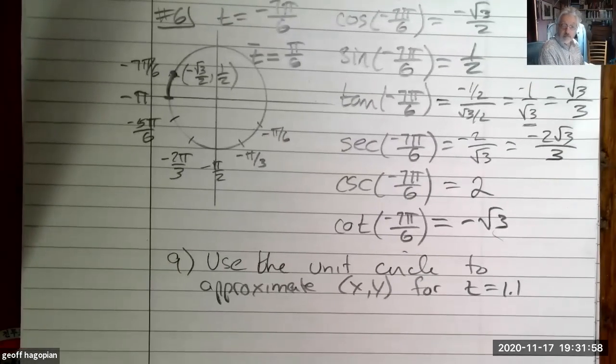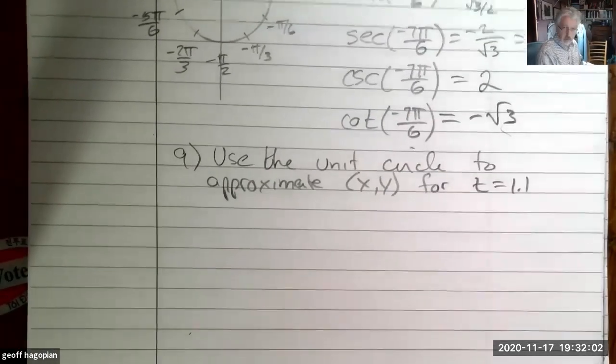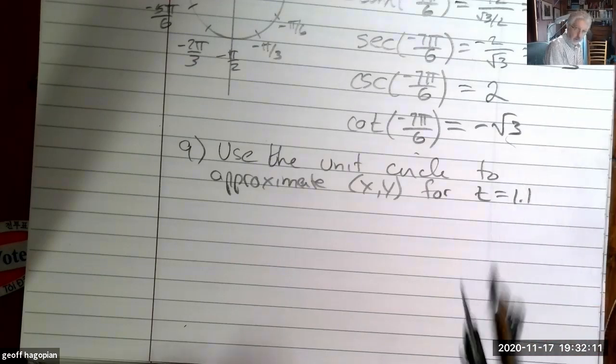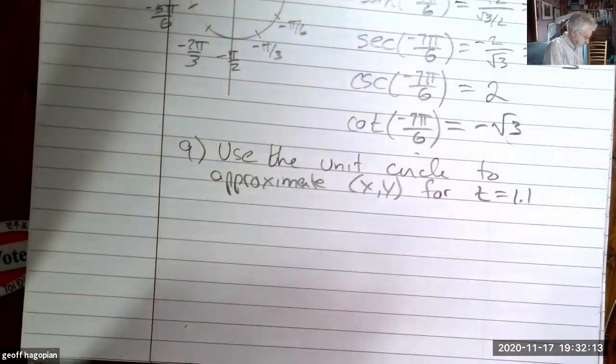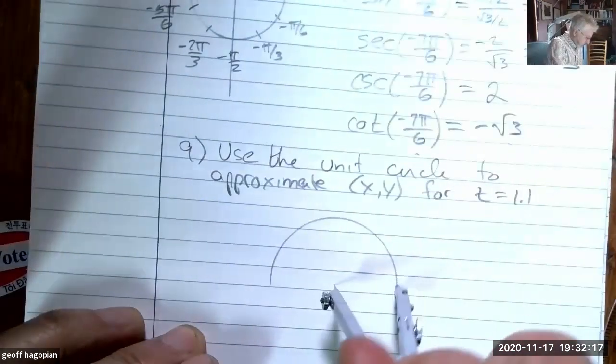And so for that, we need a unit circle. And we need to mark out on the unit circle as best we can tenths of a unit, right? Because we're at 1 1/10, right? So let's make this a little bit larger and draw a circle like so.